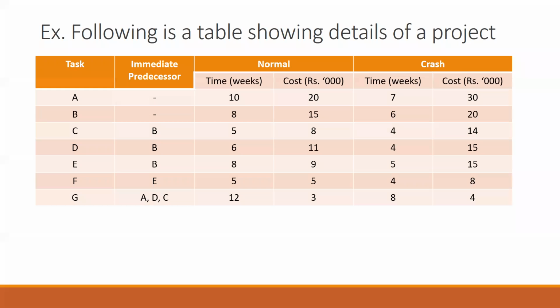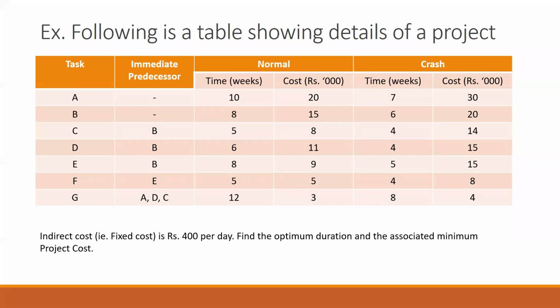Now I have to crush only the activities which fall on the critical path and not all the activities. We also have been given the indirect cost. So the indirect cost, that is your fixed cost, is given as rupees 400 per day. And we have to find the optimum duration and the associated minimum project cost.